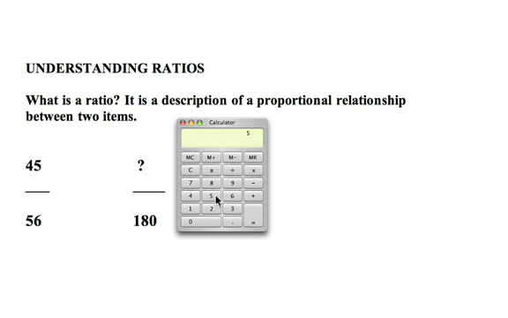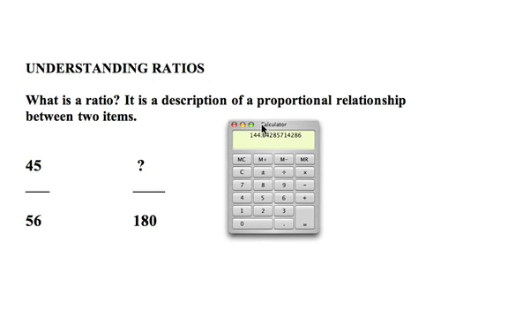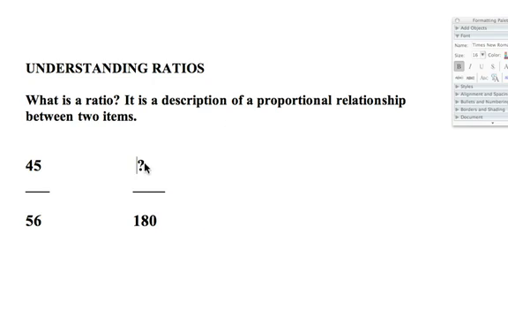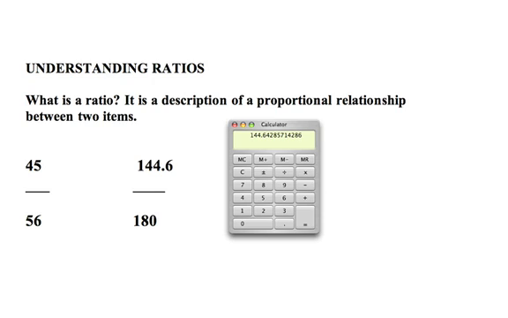So we divide by 56, and our answer is 144.6. And we put that in, 144.6 gives us the same proportional value as does 45 over 56. It is not more complicated than that.